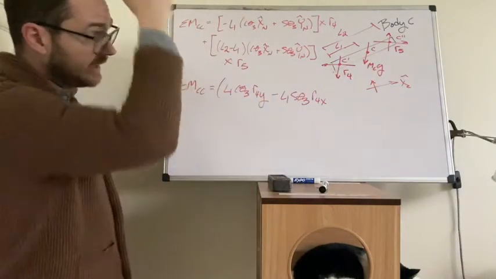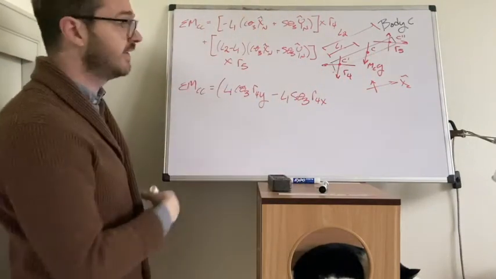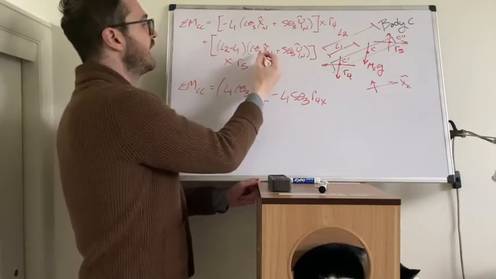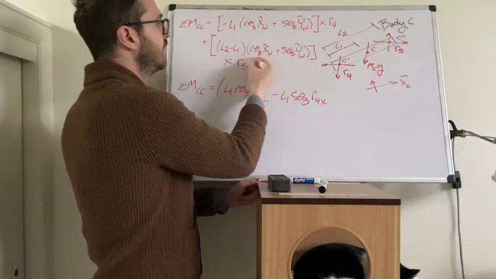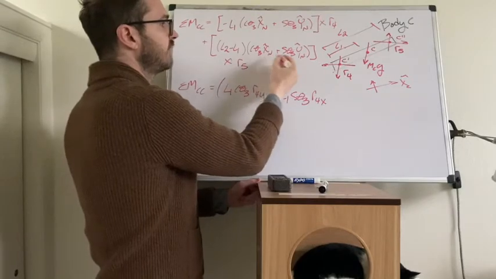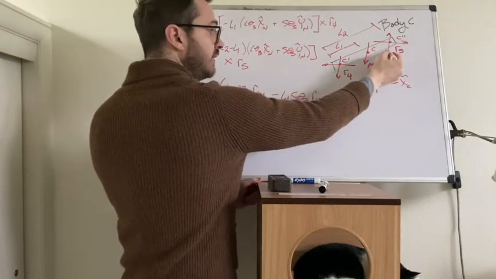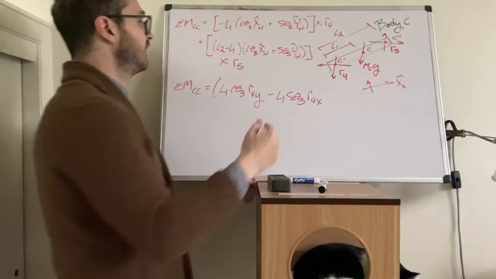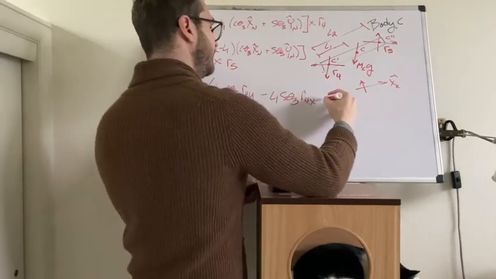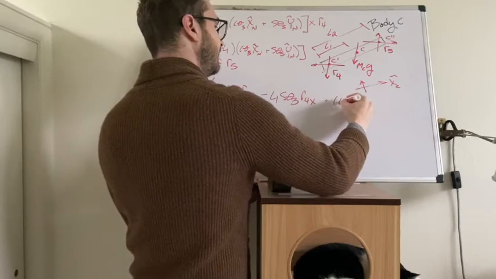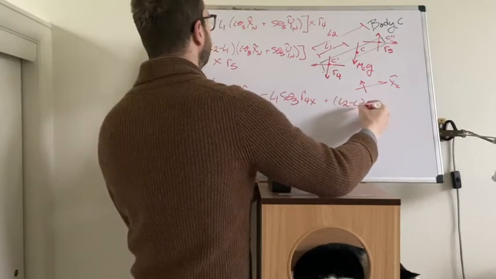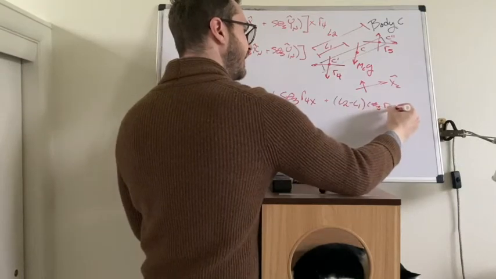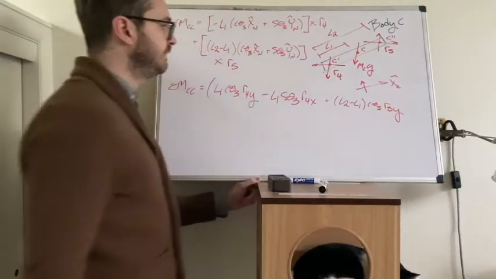So again, look in your notes. You have all the details in your notes, but we have some scalar distance. We have cosine, and it's going to be X cross the Y component here, and X cross Y is going to be positive Z. So I'm going to bring down the scalar component plus, and this is L2 minus L1, cosine theta 3 R5Y.